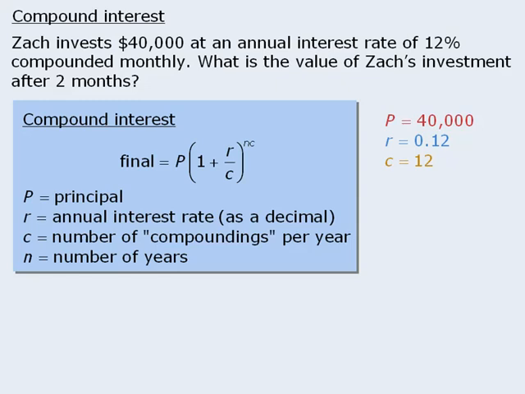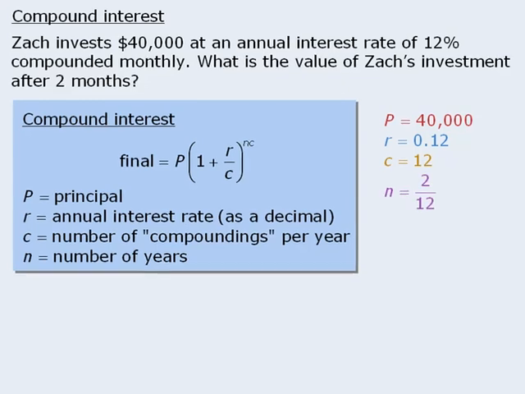Now when it comes to the length of time the money is invested, remember that we must enter this value in terms of years. So if the money were invested for 1 month, the number of years would be 1/12. So 2 months will be equal to 2/12 years.